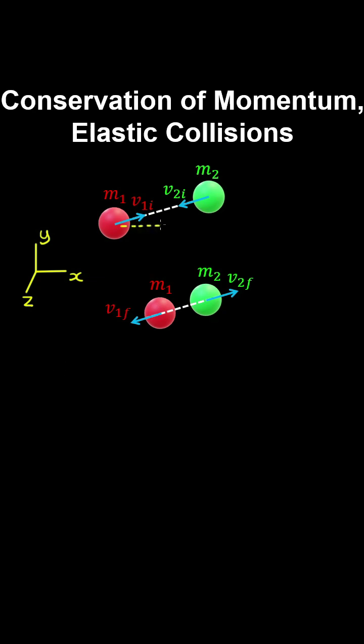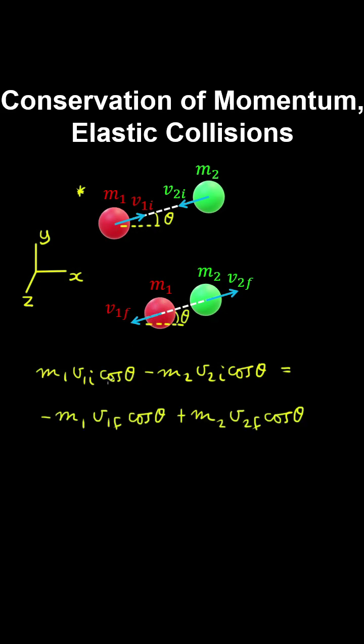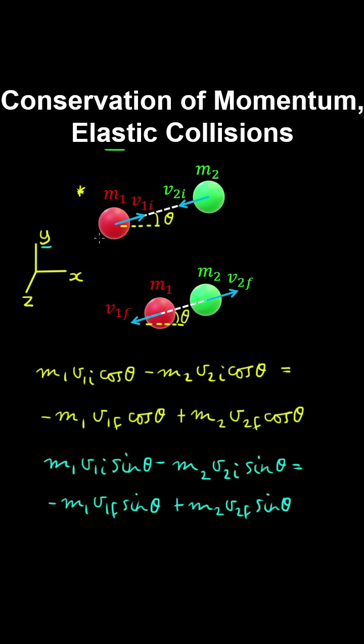So if we designate our angle from the horizontal as theta, then the initial momentum of the system in the x direction can be written as follows. And that's equal to the final momentum in the horizontal direction. And we have a similar expression for the conservation of momentum in the vertical direction. And where the collision is elastic, the total kinetic energy of the system is also conserved.